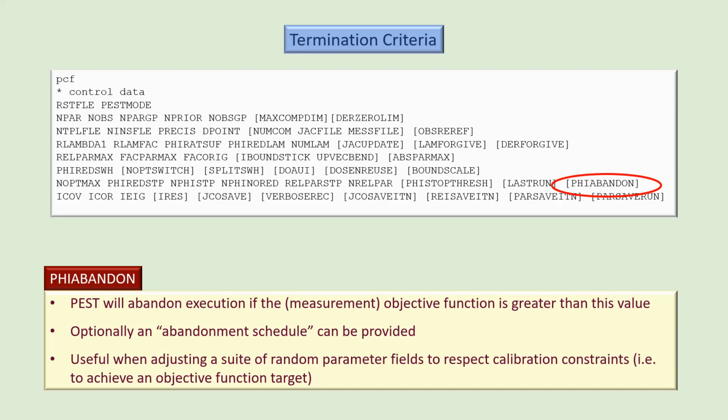If it's apparent that the adjustment of one particular random parameter field isn't going to give us a low objective function, PEST is informed to abandon it and move on to the next random parameter field. This can be useful when we're doing null space Monte Carlo analysis, the subject of another video.